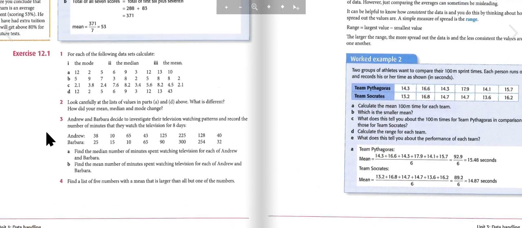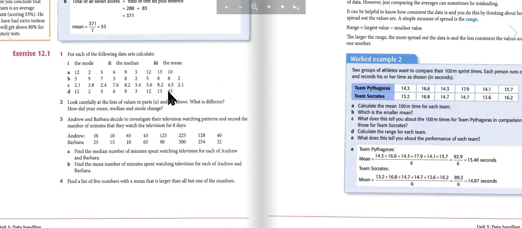Question 2. Look carefully at the list of values in parts A and D above. What is the difference? How did your mean, median, and mode change? So here, the difference between A and D is that D has a number 43.